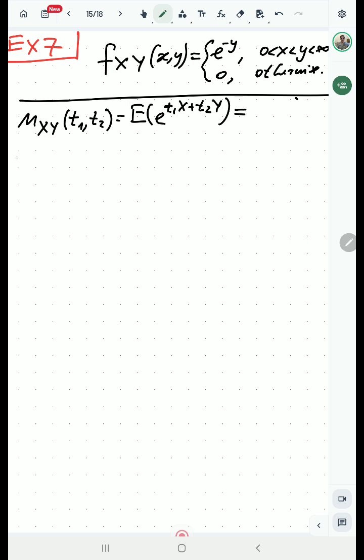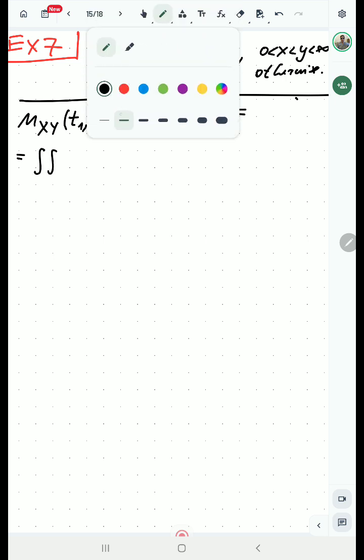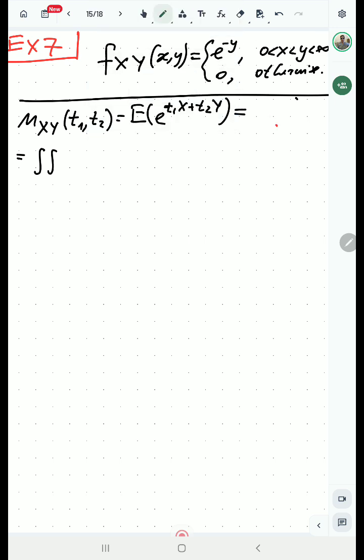Okay, so how do we do that? Obviously it can be found by the joint integration, but pay attention to these boundaries. X should be less than y all the time. So we can do it in two ways. First we can say that x runs from 0 to y, and as I mentioned already, the outer integral should have numerical boundaries.